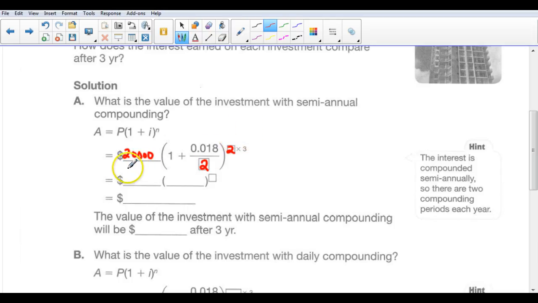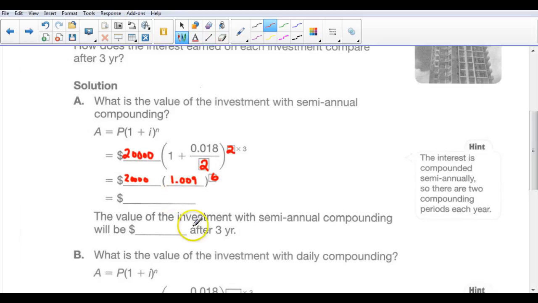So we end up with $20,000 times 0.018 divided by 2, which is 1.009, all to the exponent of not 3 years, but the compounding period goes up with the exponent, so it's 2 times 3, it's now going to be compounded 6 times, because n is the number of times it's compounded. So it's compounded for 3 years, but 2 times per year, and 2 times 3 is 6.